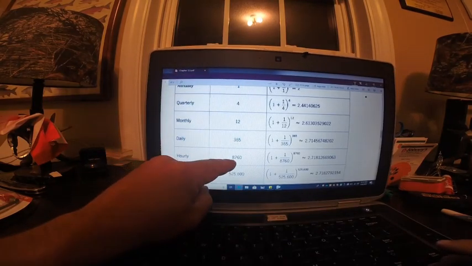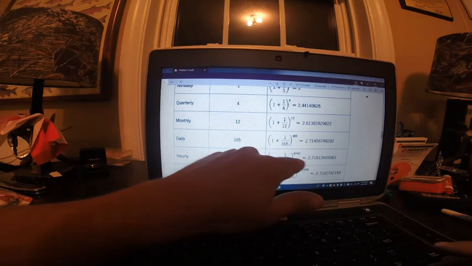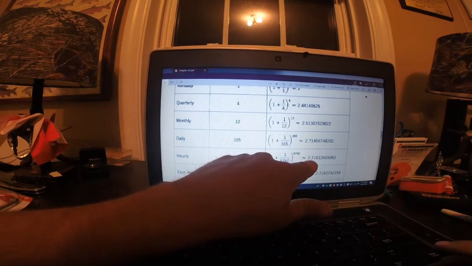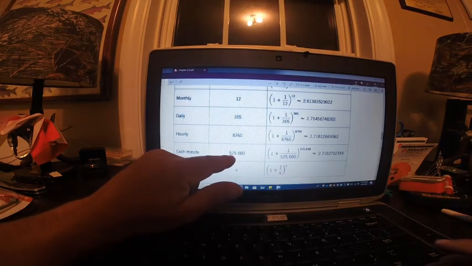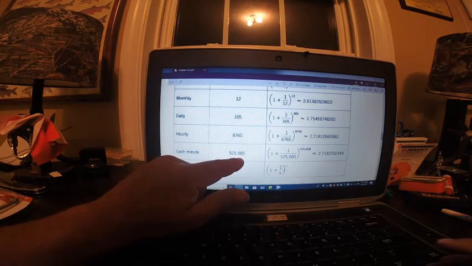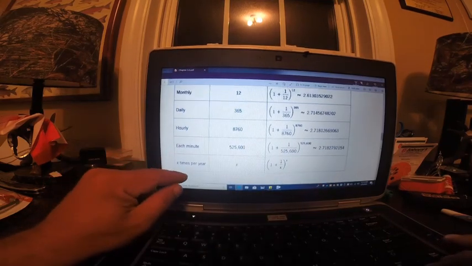If you do it hourly, there's 8,760 hours in a year. What we get is it gets really close to 2.7181, and you notice that it didn't really change much from daily to hourly. If you do it by each minute, which is 525,600 minutes in a year, it really doesn't change much from hourly either.